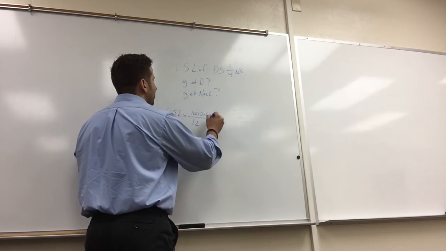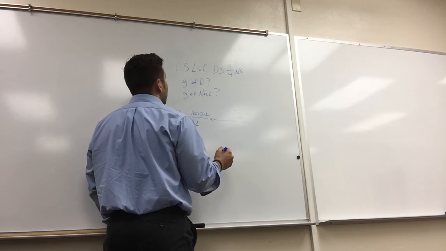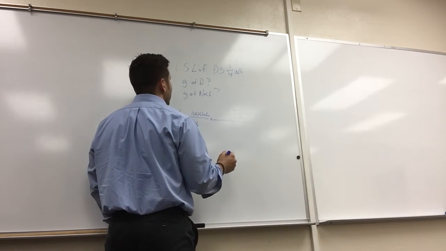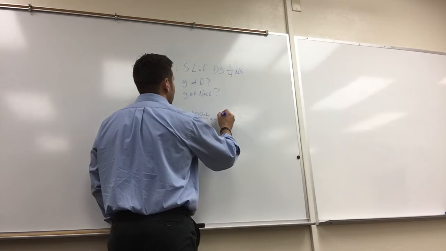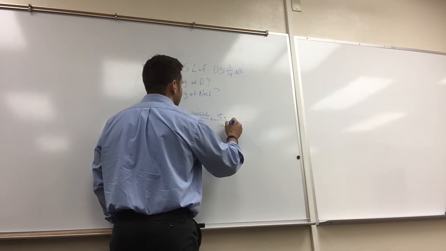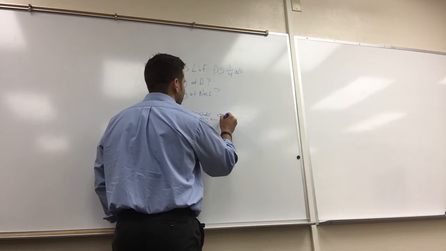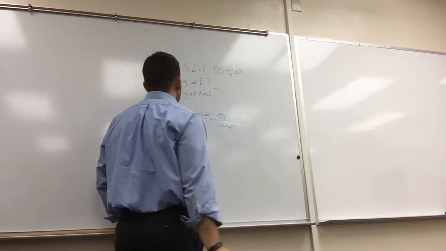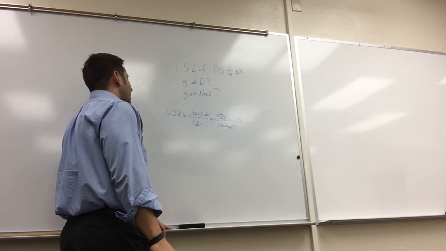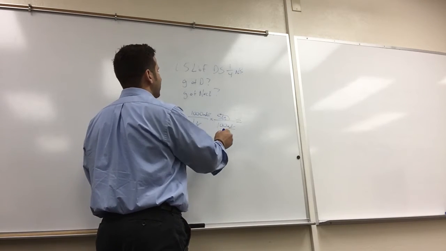So now I'm in mLs. We're doing dextrose first, so I want mLs to cancel. So 5 grams and 100 mLs. So now my liters canceled, my mLs canceled, leaving me just grams, which would be 0.5 times 1,000 times 5 divided by 100.